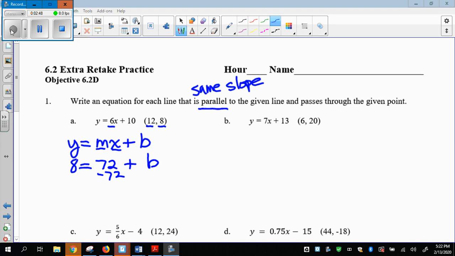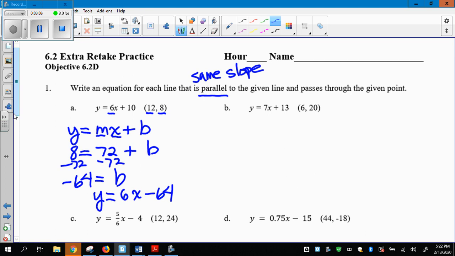Then I would just subtract 72 from both sides, and I find that b is negative 64. And now I can write y equals 6x minus 64 for my equation. It's up to you. Do it either way you like.